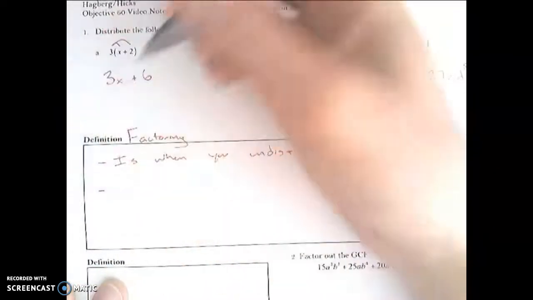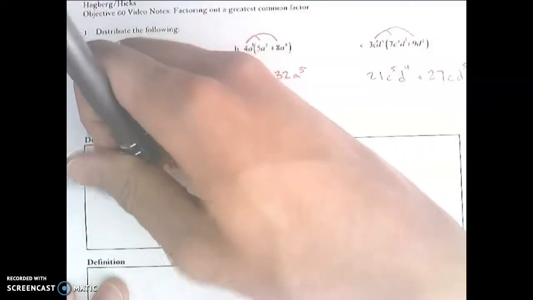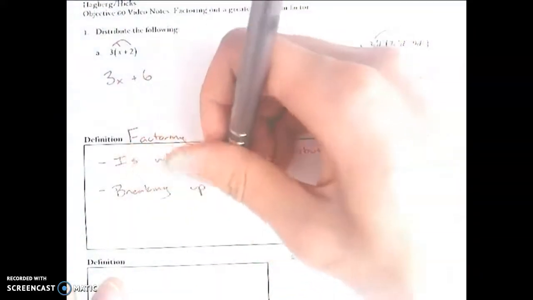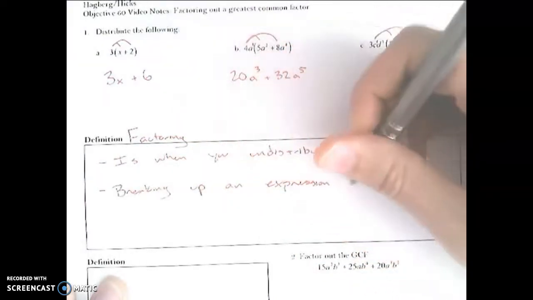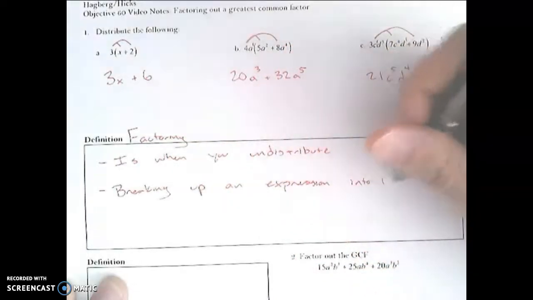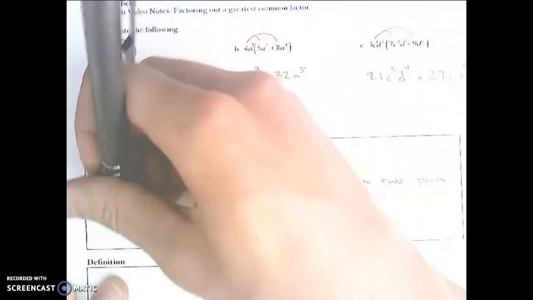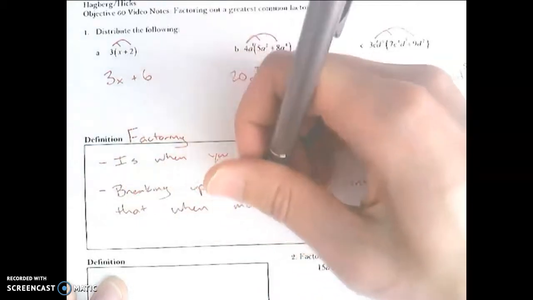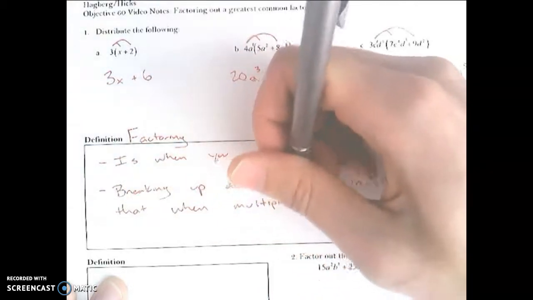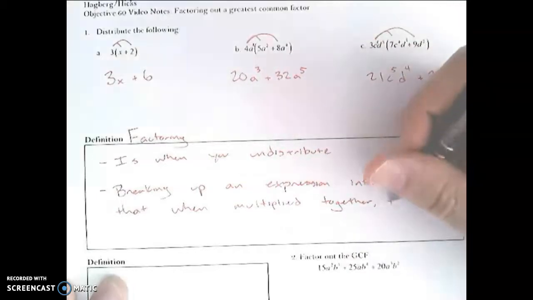So in a more technical term, we are breaking up an expression into two parts that when multiplied together, so when we multiply those two parts together, they equal the original.